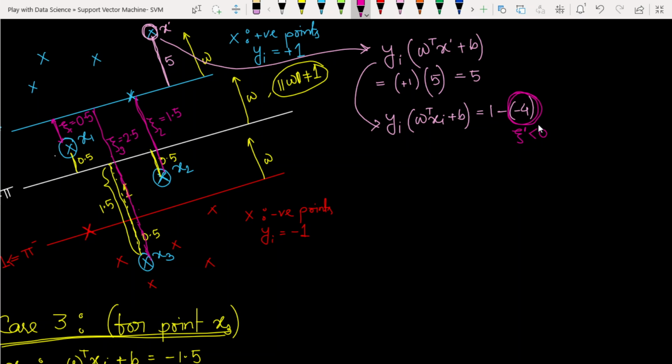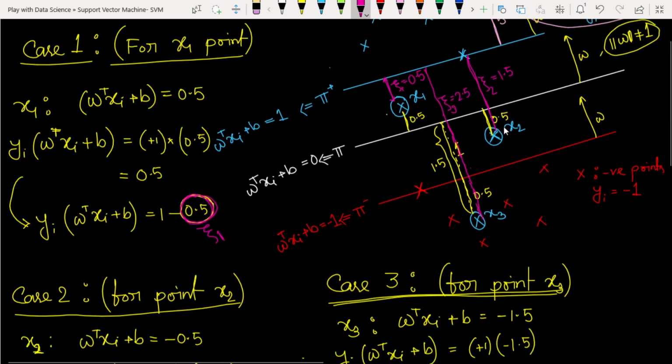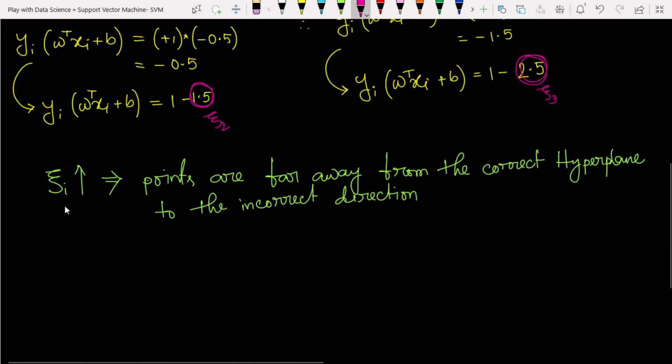If our data is correctly classified, then our zeta is negative, less than 0. So I am not interested in taking this point in our calculation, since it is always correctly classified. I am only interested in the misclassified points. For all misclassified points, we have seen that zeta increases and is greater than 0 for a misclassified point.